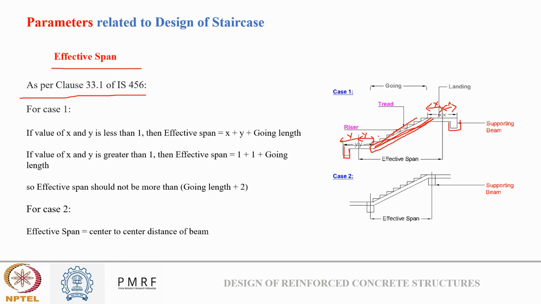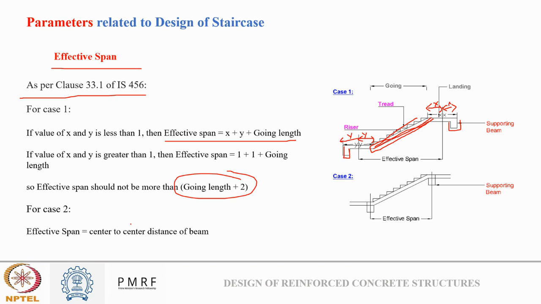If my x and y are less than 1, then my effective span is given by x plus y plus going length, where going length is the total going length of each step. And if my x and y are greater than 1, my effective span will be taken as 1 plus 1 plus going length. So effective span should not be greater than going length plus 2 if I belong to case 1.